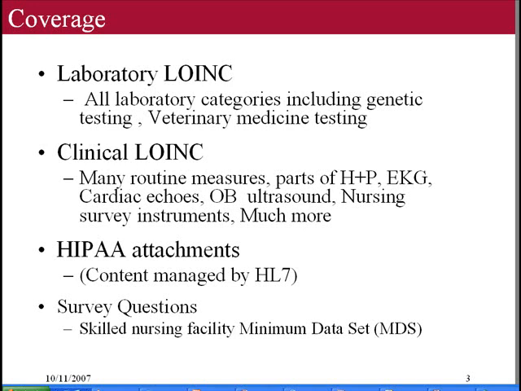And then there are survey questions, and one of the most important and largest survey instruments implemented so far is the minimum data set, which is the skilled nursing home data set survey.